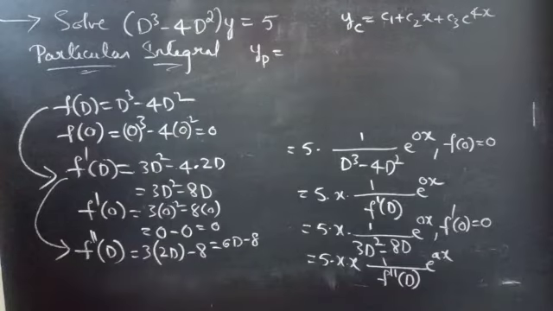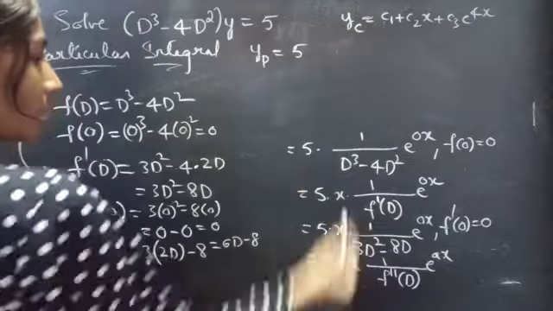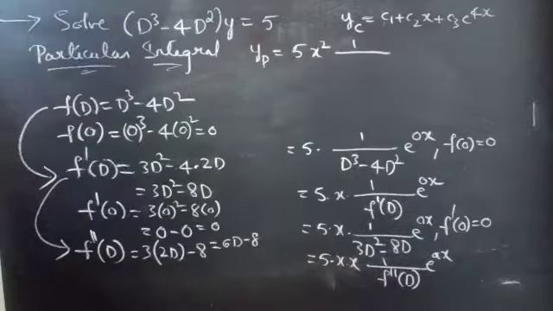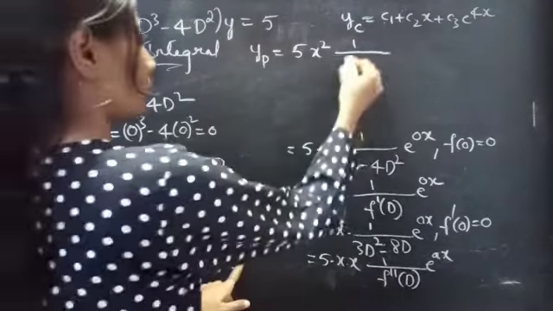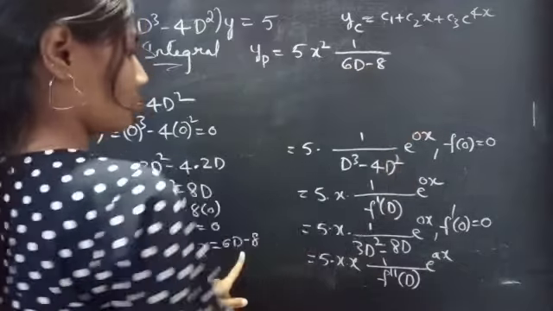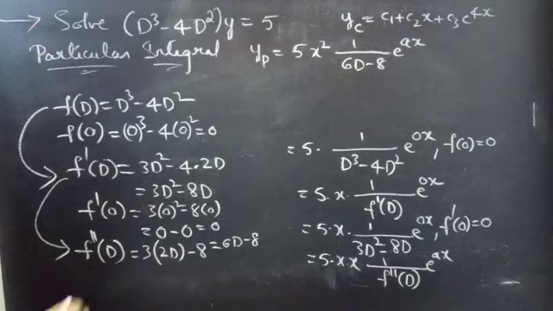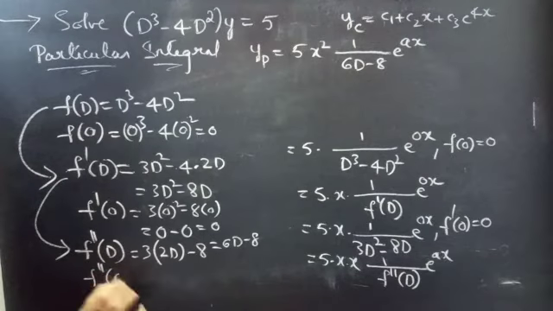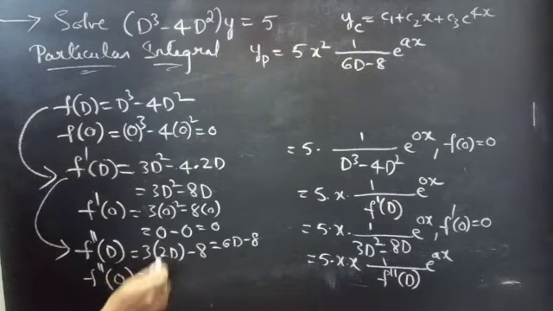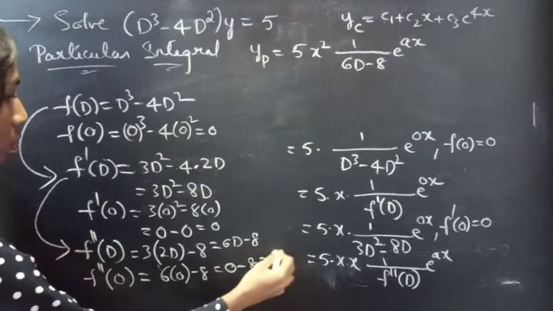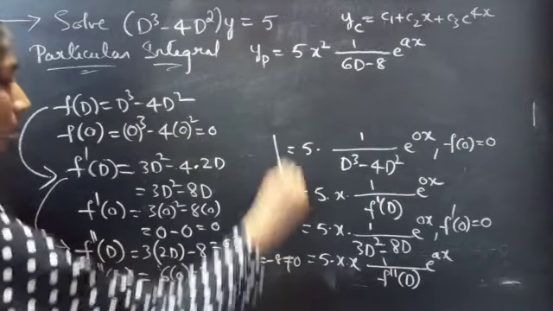So now we have 5 into x into x square into 1 by f double dash of D, which is 6D minus 8, into e power 0x. Now we need to check f double dash of 0, which equals 6 into 0 minus 8, which equals 0 minus 8, which is minus 8, and it is not equal to 0.